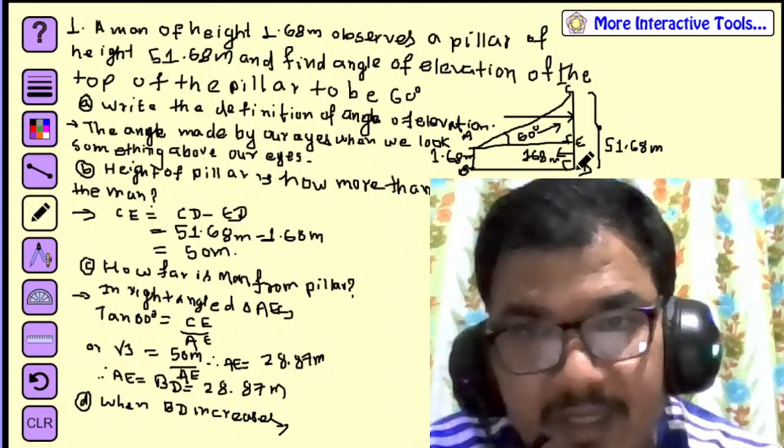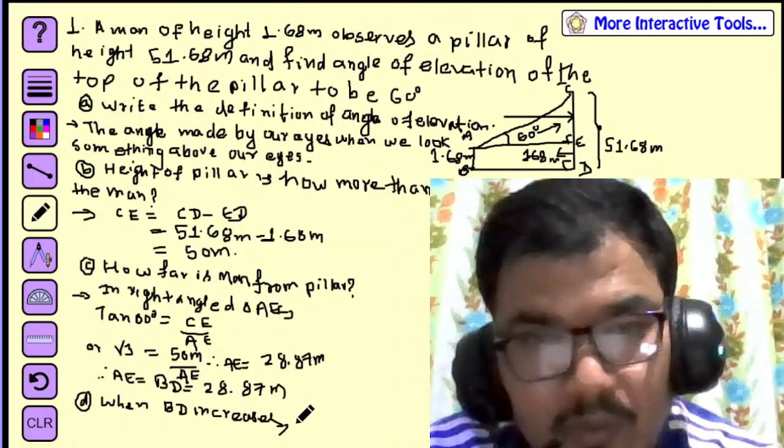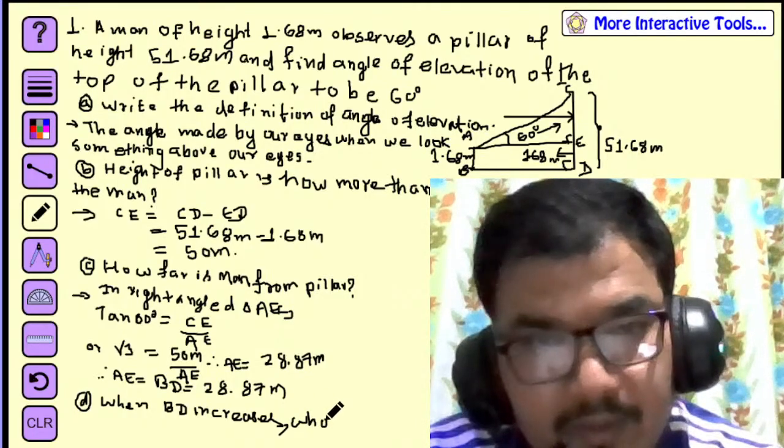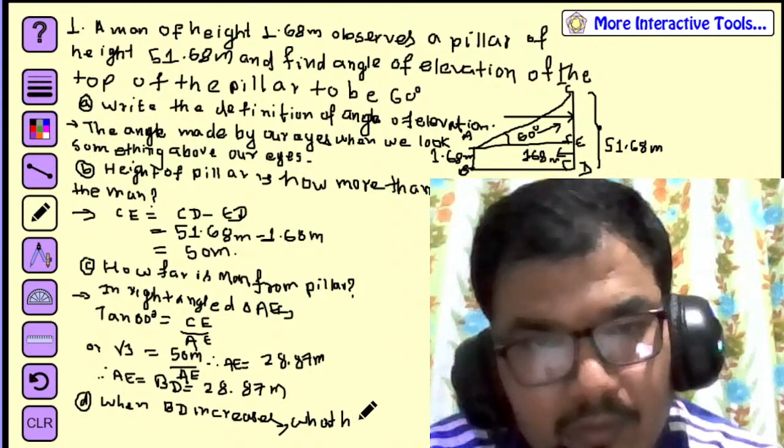When this BD increases, what will happen in angle of elevation?